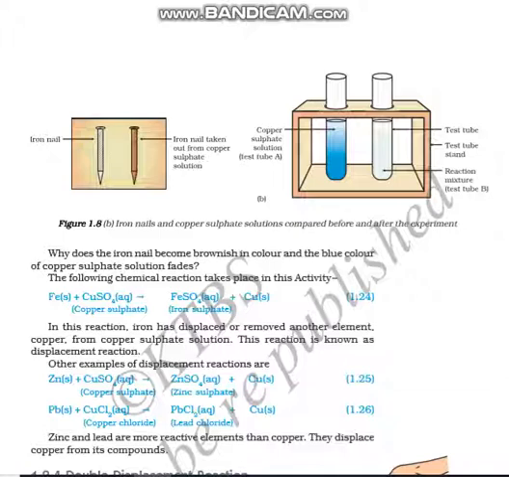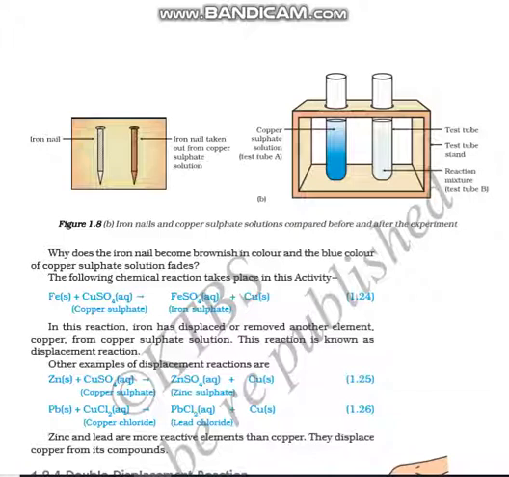So let us take the examples. Copper sulfate is a solution in which I am adding iron, that means the nail is iron. What happens? It gives rise to iron sulfate, ferrous FeSO4, plus copper.